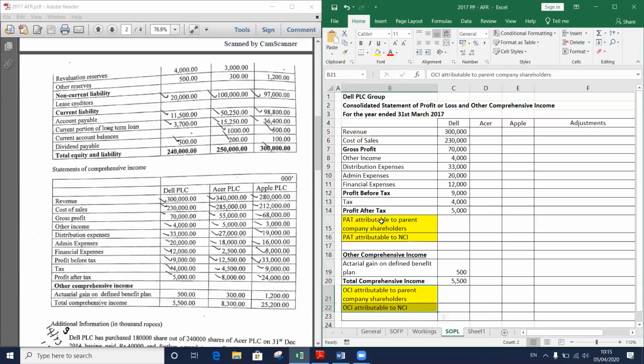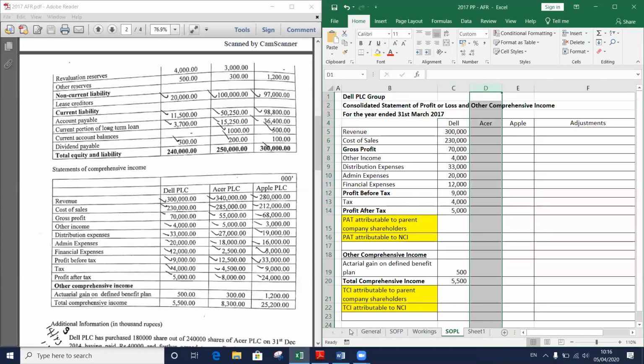Not only profit after tax, but total comprehensive income as well, not other comprehensive income, total comprehensive income, we need to allocate to the parent company shareholders and the amount which is attributable to NCI. Right. The Dell PLC parent company figures we extracted as they are.